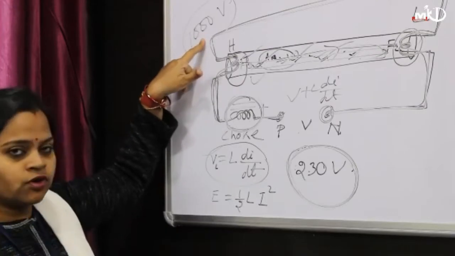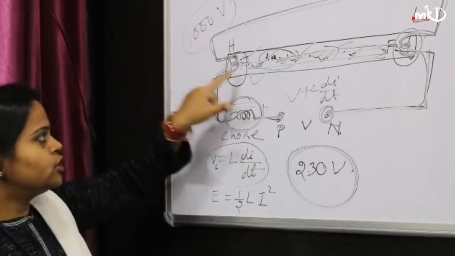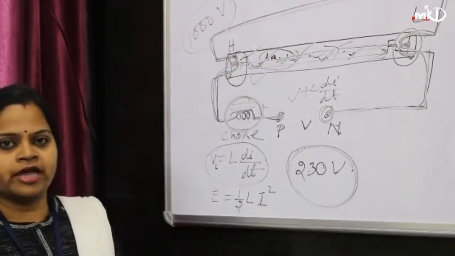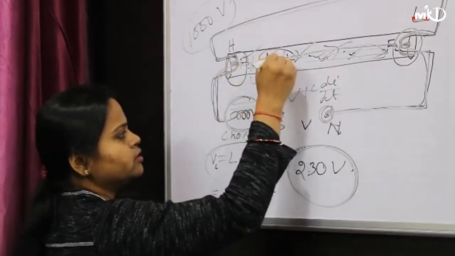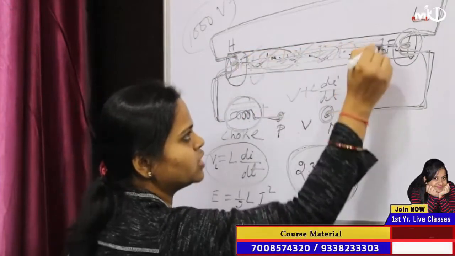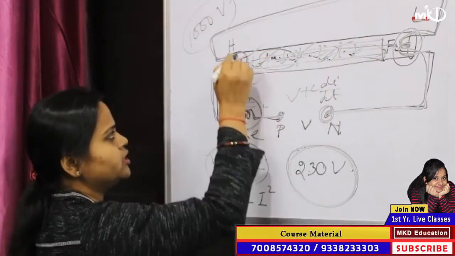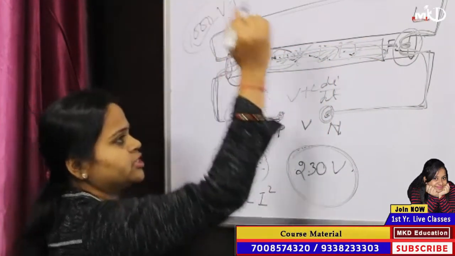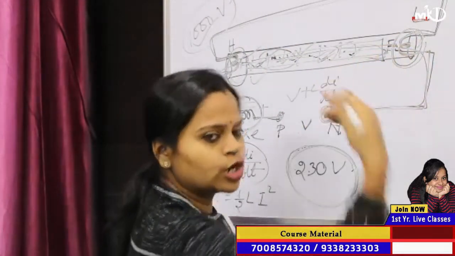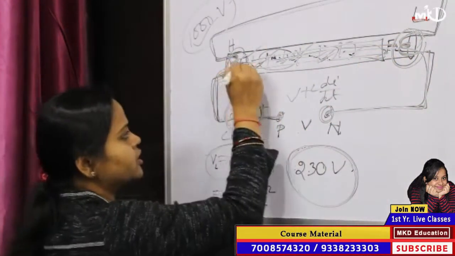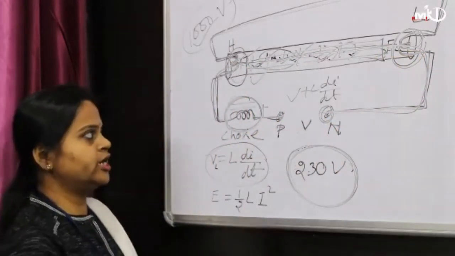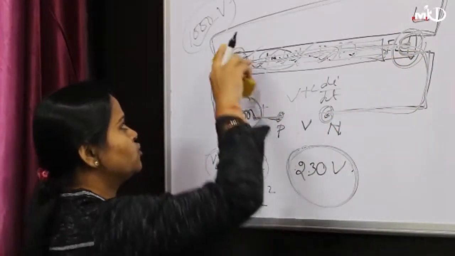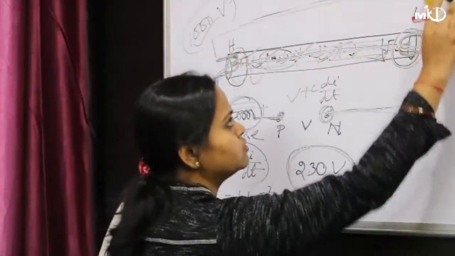This 1000 volt is now sufficient to energize these gases. So the gases will be energized. Obviously this filament is at higher potential and this filament is at lower potential now. So current will easily flow through this path. If current easily flows through this path, then what is the need of this other path?